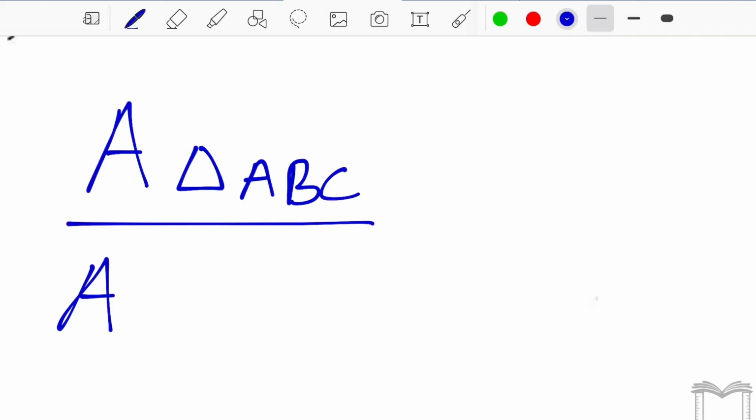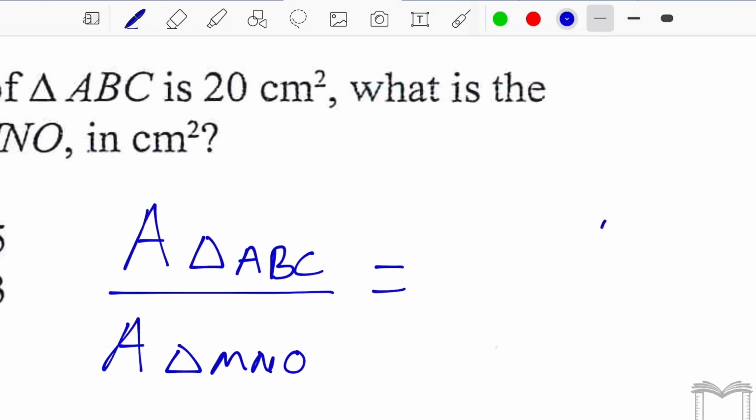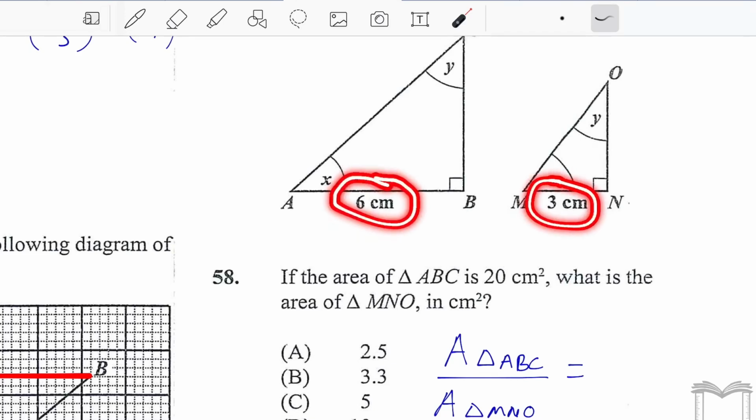over the area, so a ratio speaks about fraction or proportion, so the area of triangle MNO, so the area of triangle ABC over the area of triangle MNO is equal to the ratio of the corresponding sides squared. So let's see what sides we have. We have the base of both triangles, so we'll utilize that.